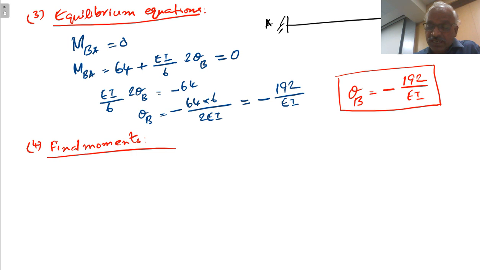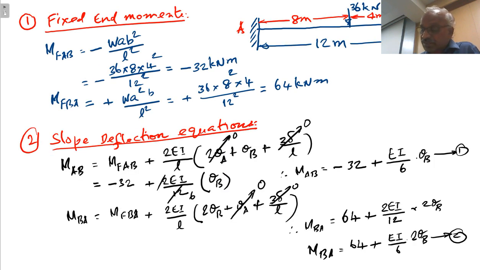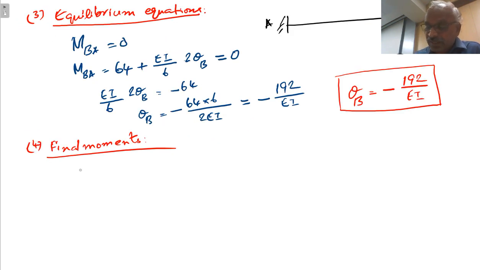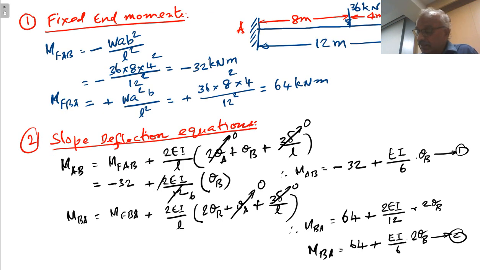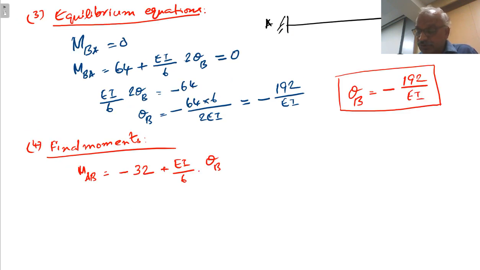Here the slope deflection equation is MAB equal to minus 32 plus EI by 6 into theta B. This is our slope deflection equation 1. We have reproduced it here: minus 32 plus EI by 6 into theta B.